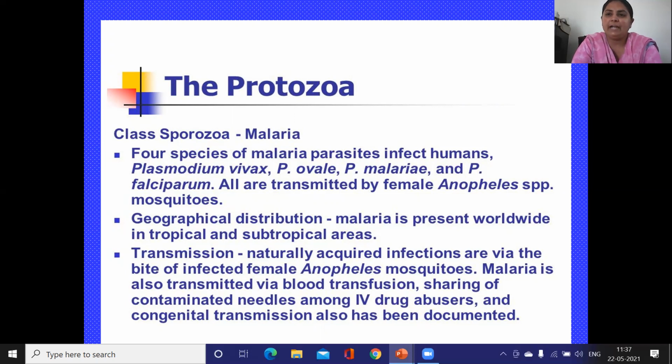So here the female Anopheles mosquito acts as the vector and it is involved in the transmission of the disease from a person who is a patient of malaria to a healthy person. Besides this, malaria is also transmitted by blood transfusion and sharing of contaminated needles among drug addicts or abusers. And congenital transmission is also documented in case of malaria.